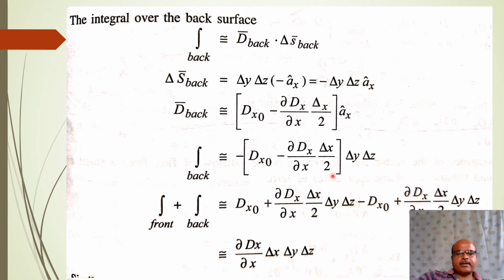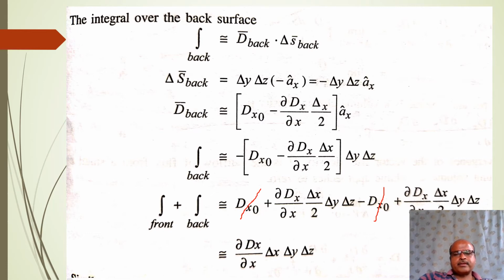Okay, this del x by 2 del y del z. Then observe this equation here: this dx0 and this dx0 get cancelled. Plus minus gets cancelled. Observe here carefully.